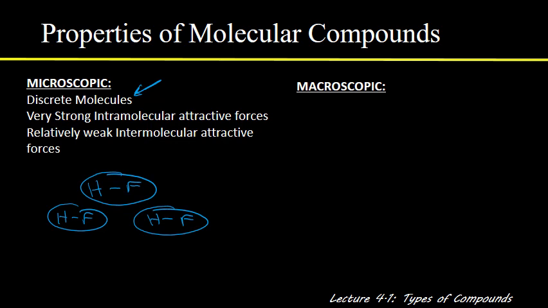And what's important about these is that the covalent bond here in the middle is a very strong force. That's what keeps them together as discrete molecules so they don't break apart into ions, right? And this force, remember, we talked some time ago about intramolecular forces.